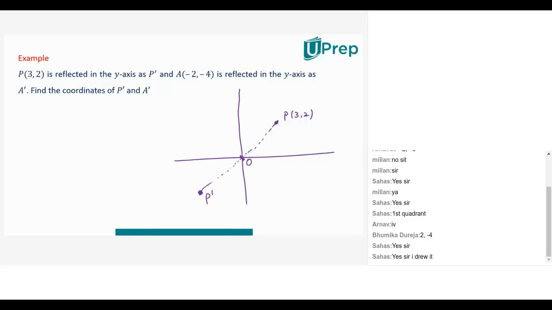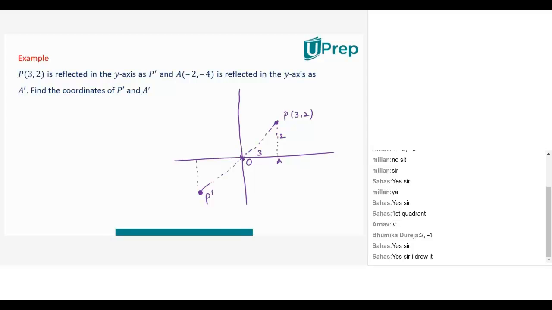Now my point is, this point has a name (3, 2). That means if I have a perpendicular, say A, then OA is 3 units and PA is 2 units. Now when I want to give a name to P dash, what I will do? I'll drop a perpendicular here. So I'll say B point. Now my question is, what is P dash B and OB length?